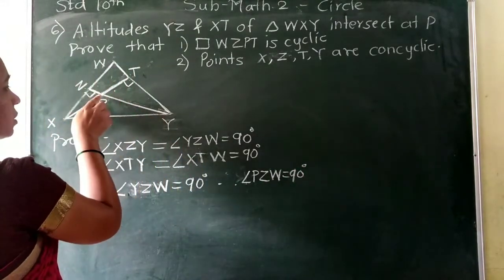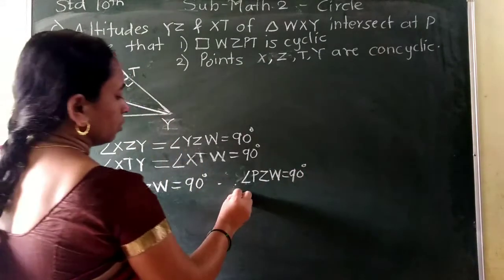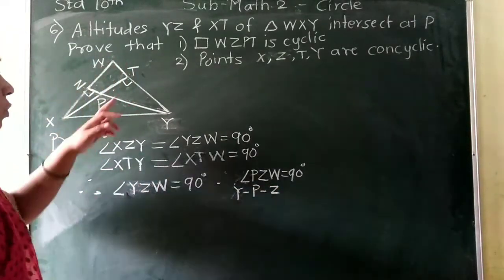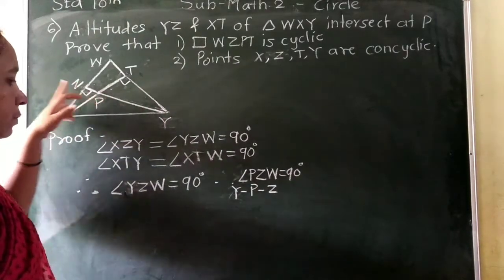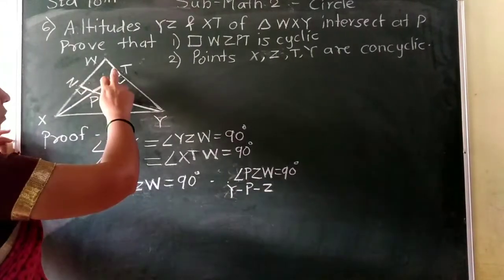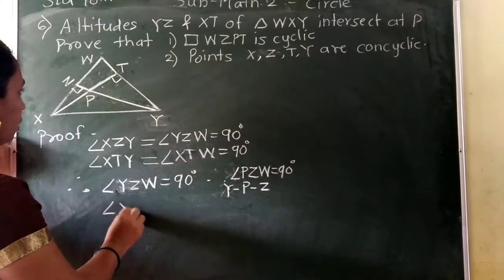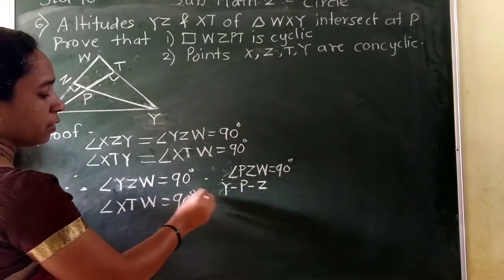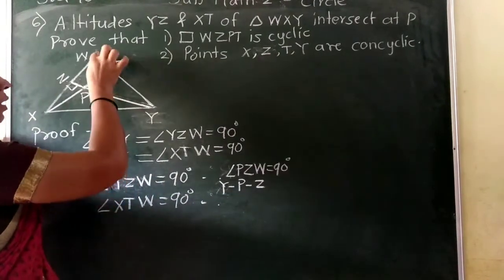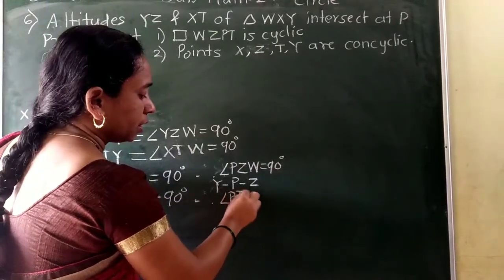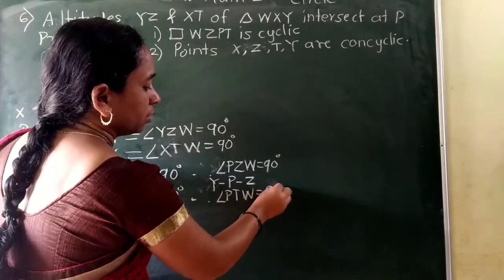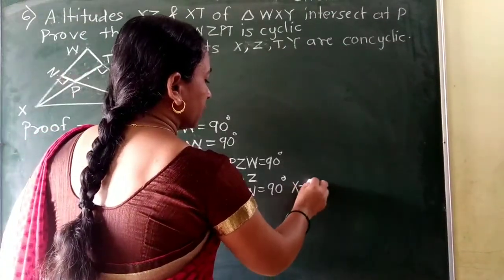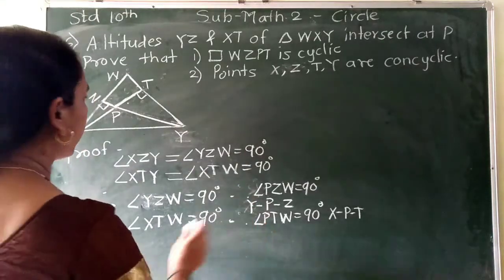It is Y-P-Z. They are collinear, so we can use Y-P-Z. In the same way, for this angle, if angle XTW is 90 degrees, therefore angle PTW is also 90 degrees. Reason, X-P-T. So here we have got these two angles as 90 degrees.